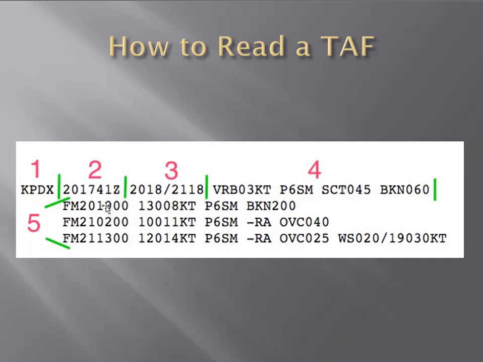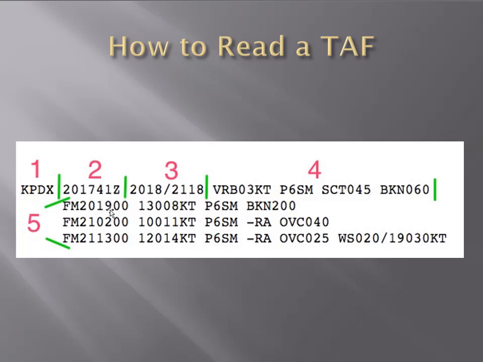Now, the from groups are essentially denoting what the changes in the weather conditions are going to be. So FM means from, so the forecast is going to change from this top line on the 20th at 19 Zulu.